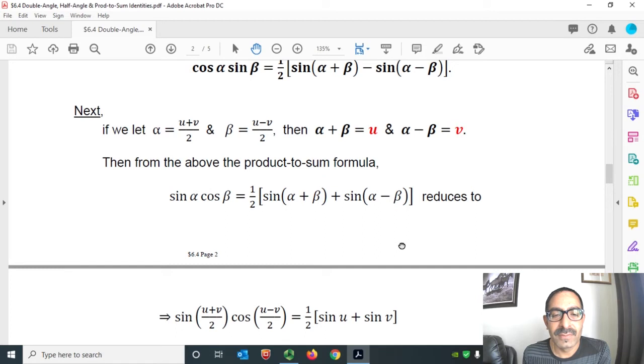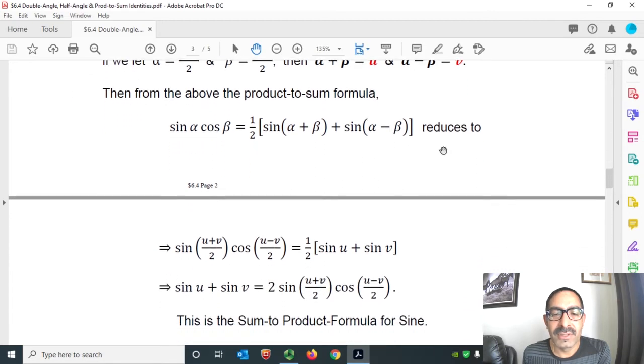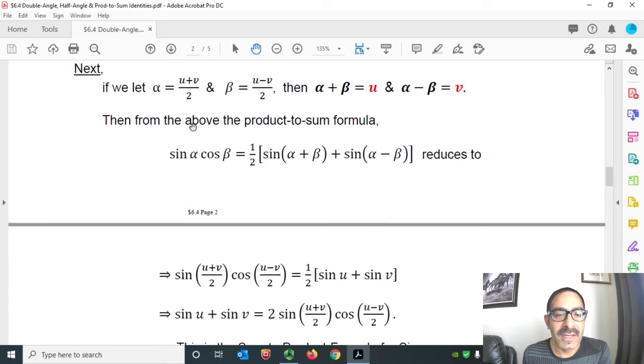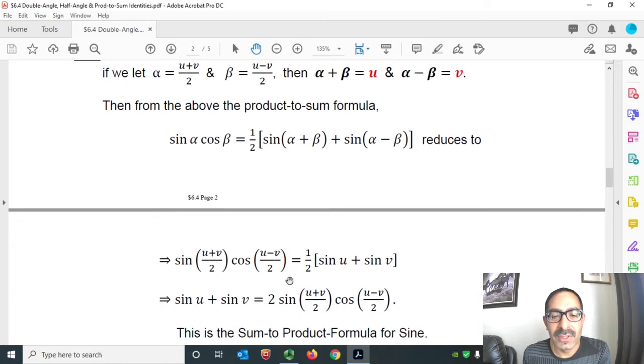This reduces to, on my left side, alpha is (u plus v) over 2, so sine of (u plus v) over 2 times cosine of beta, where beta is (u minus v) over 2, equals, on my right side, 1/2 as it is. We know alpha plus beta is u, so sine of u, plus as it is, and alpha minus beta is v, so sine of v.